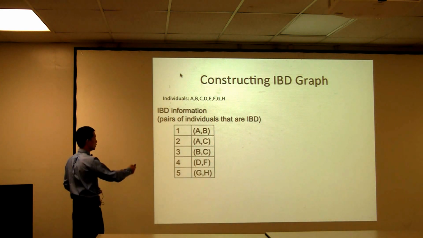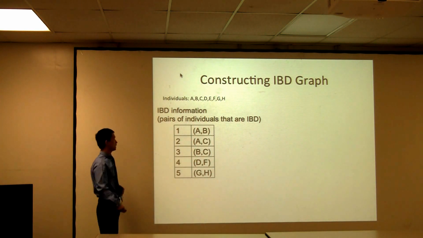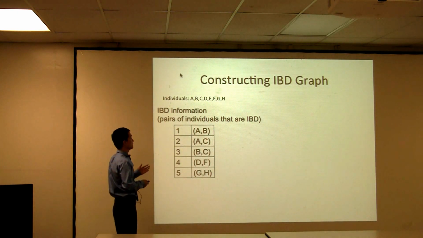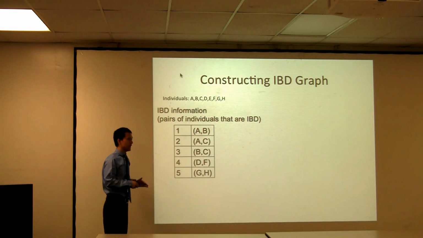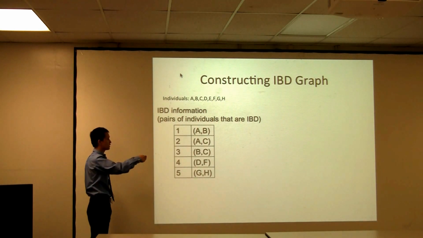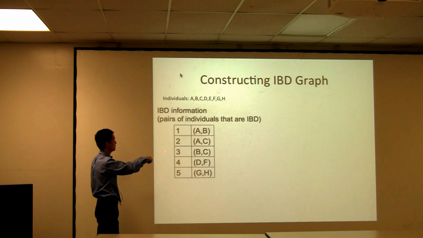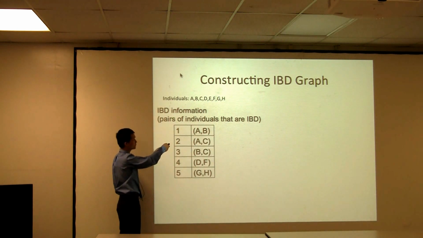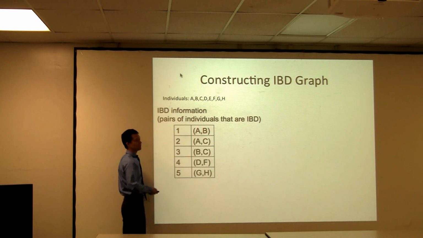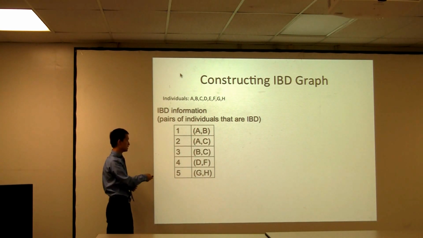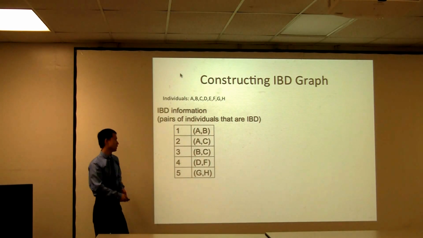In this example, we have 8 individuals, A, B, C, D, E, F, G, H, and there are many methods that have been developed to detect the IBD segments from a data set. Here, at a certain locus, we have the IBD information as shown in this table. At this locus, individuals A and B are IBD, A and C are IBD, B and C, D and F, G and H, they are all IBD.